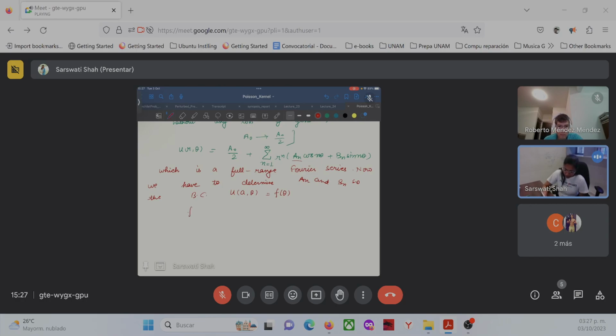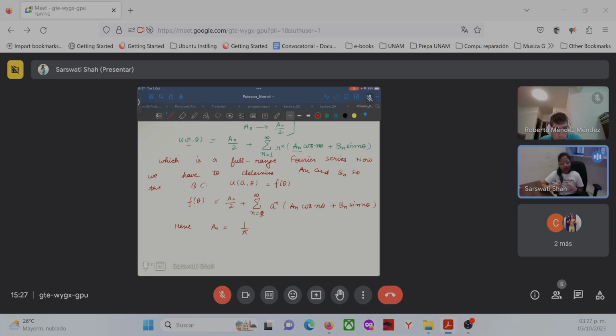So f of theta is equal to, just keep r equals a, a naught by 2 plus summation n varying from 1 to infinite a to the power n, an cos n theta plus bn sin n theta. Hence a naught will be 1 over pi, because this is a full range Fourier series. We are not going to solve the Fourier series here.